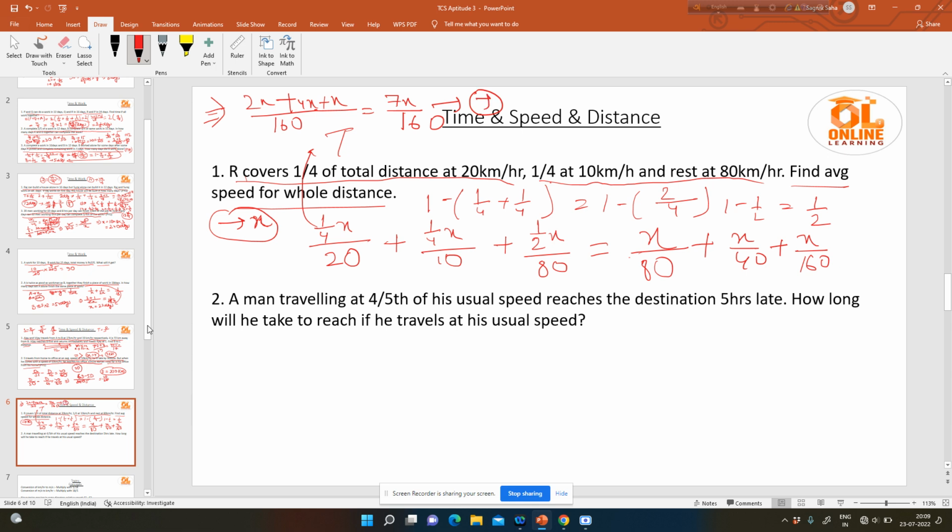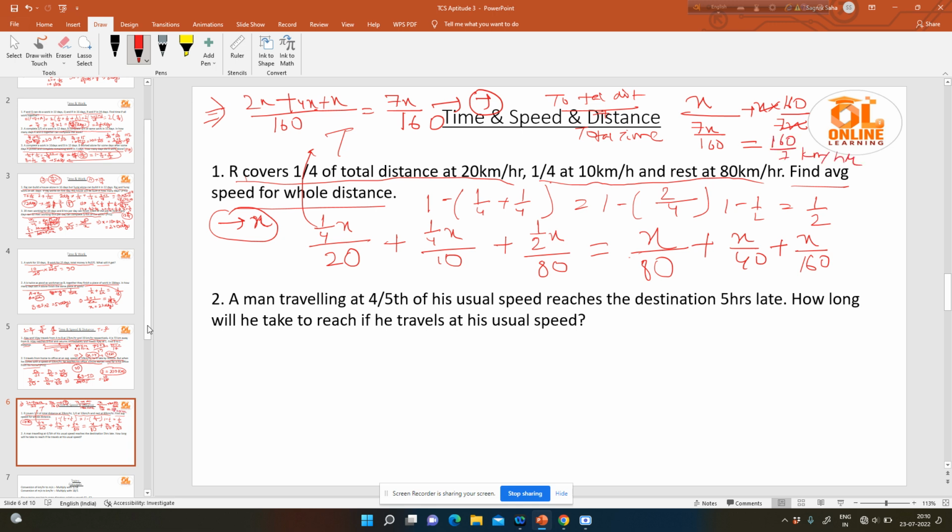Okay, we know average speed is total distance by total time, right? Total distance is x, we have considered x, and the total time it is taking is 7x by 160, so x into 160 by 7x. x and x would be cut, so the average speed is 160 by 7 kilometer per hour.